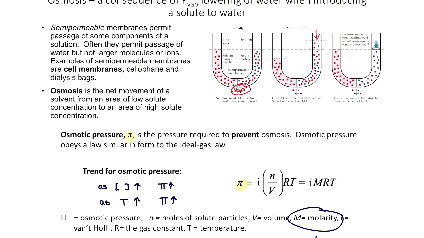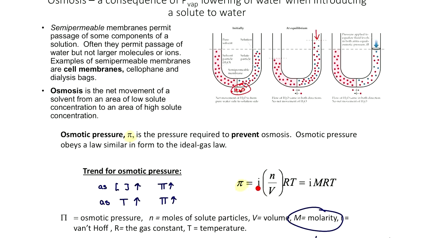All right, and so we use this equation to calculate osmotic pressure. If you look really closely, this equation is actually just PV = nRT, just with different units. So pi is osmotic pressure, where it's equal to, what is this term?